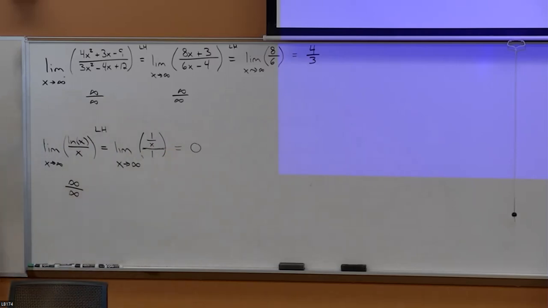Is that okay? This also shows you, if the limit is 0, that means the denominator is getting bigger a lot faster than the numerator as x gets really big. So that means natural log has a slower growth than x.